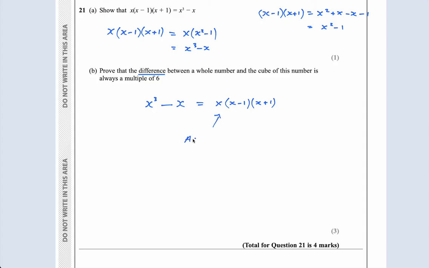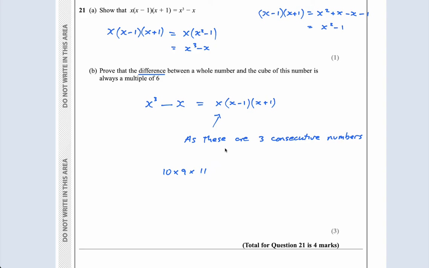As these are 3 consecutive numbers, consecutive means in a row, because it's x minus 1 and x plus 1. Pick a number. Look, if x is 10, then the number before is 9, and the next number has to be 10 plus 1, which is 11. So there are 3 numbers in a row, 9, 10, and 11.